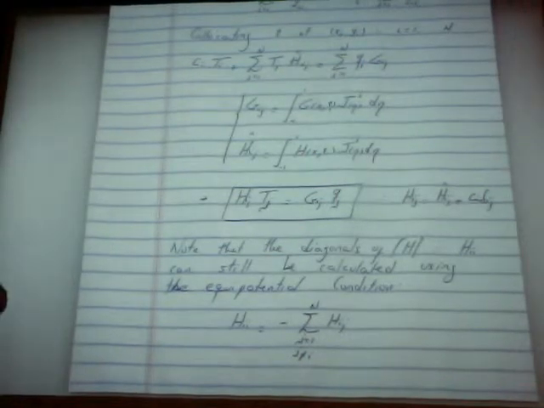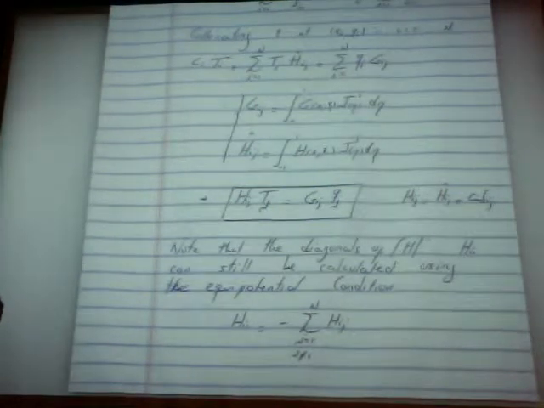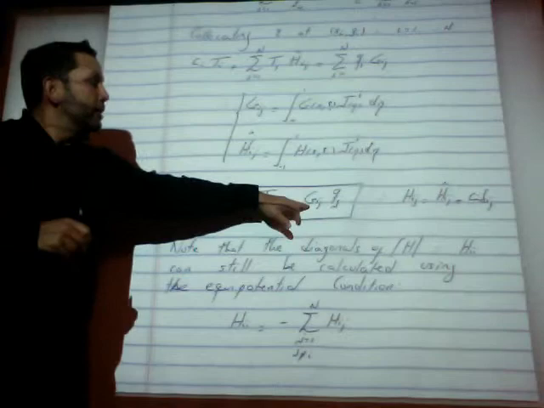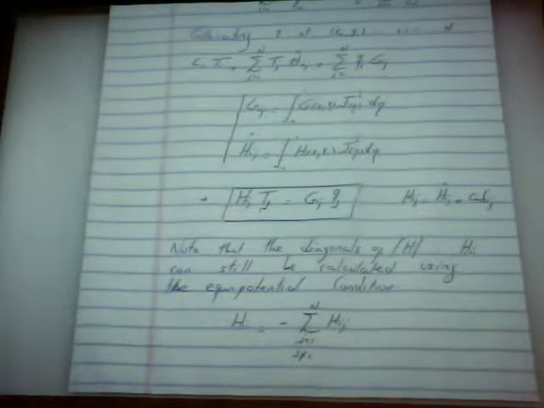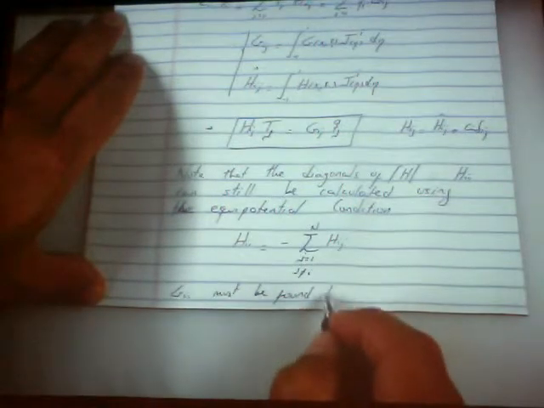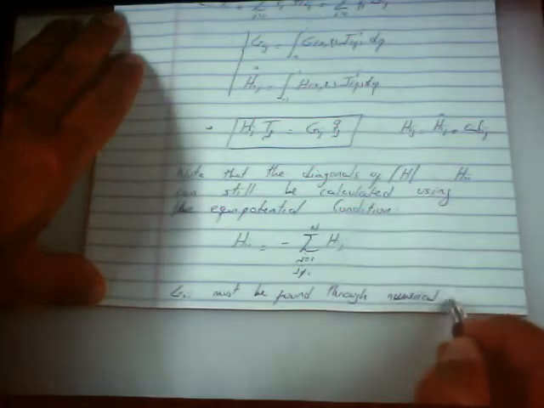So the mechanism through which we can do this doesn't change. Okay. Also, the element GII cannot be found exactly anymore, like before. GII must be found through numerical integration.